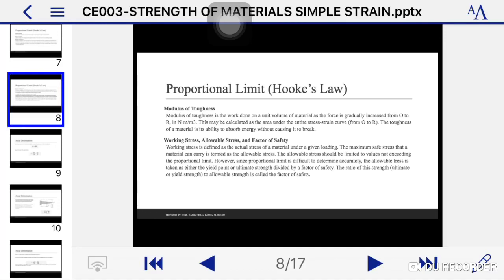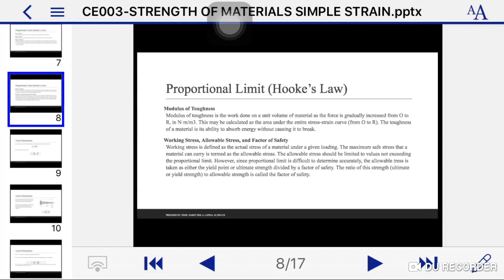And last, working stress, allowable stress, and factor of safety. Working stress is defined as the actual stress of a material under a given loading. So the maximum safe stress that a material can carry is termed as the allowable stress. So the allowable stress should be limited to values not exceeding the proportional limit. However, since the proportional limit is difficult to determine accurately, the allowable stress is taken as either the yield point or ultimate strength divided by a factor of safety.